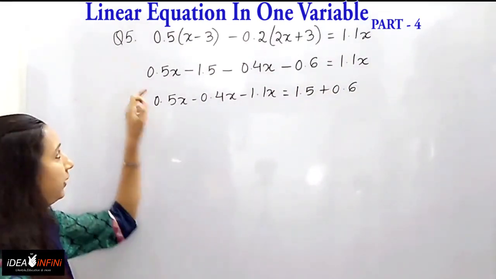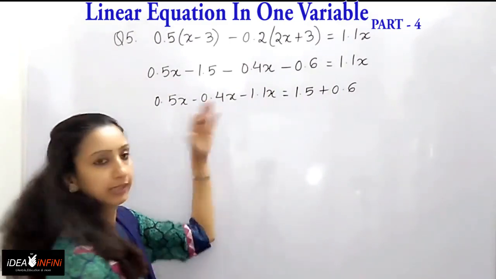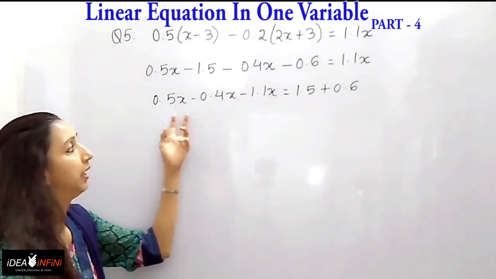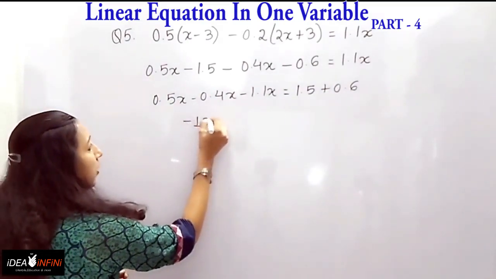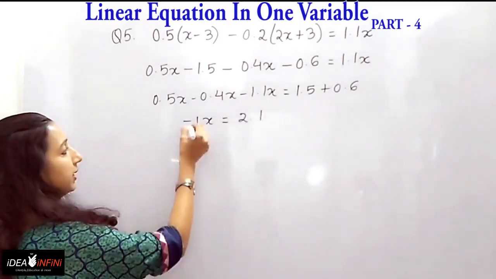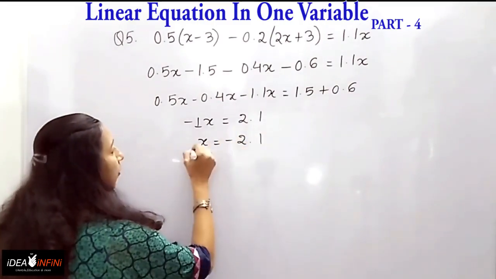I'm done with all the values, 1, 2, 3, 4, 5 terms, 1, 2, 3 terms towards the left and 2 terms on the right. Here, when I combine these terms, I get minus 1x on one side and 2.1 on the other side. So this minus sign goes here and I get the value as minus 2.1.